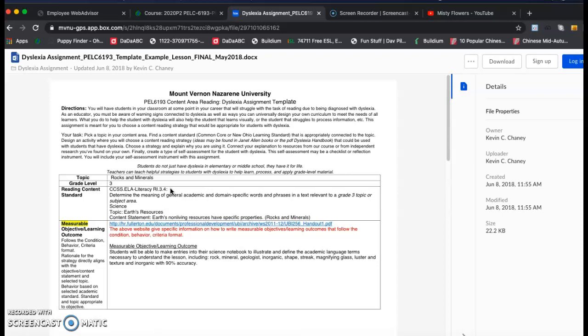So the content standard that goes with this is to determine the meaning of general academic and domain-specific words and phrases in a text relevant to a grade 3 topic or subject area. Here is the science content standard, the Earth's resources. Earth's non-living resources have specific properties, rocks and minerals.